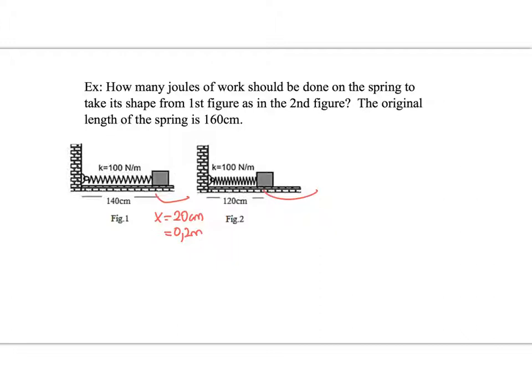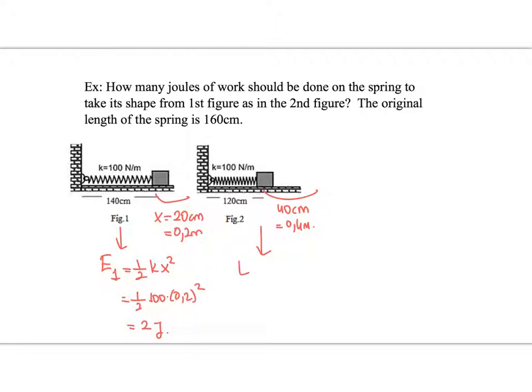And here the amount of stretch is 40 centimeters, which is 0.4 meter. The energy deposited here is 1 over 2 Kx squared, 1 over 2 times 100 times 0.2 squared, which is equal to 2 joules.